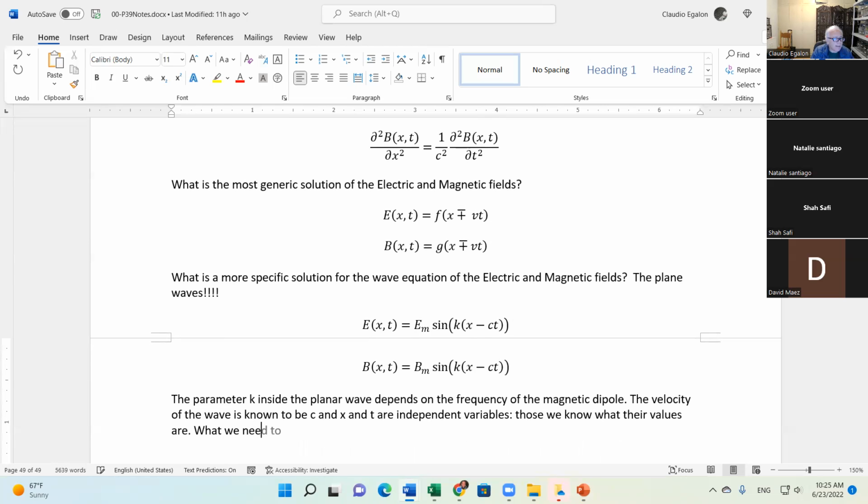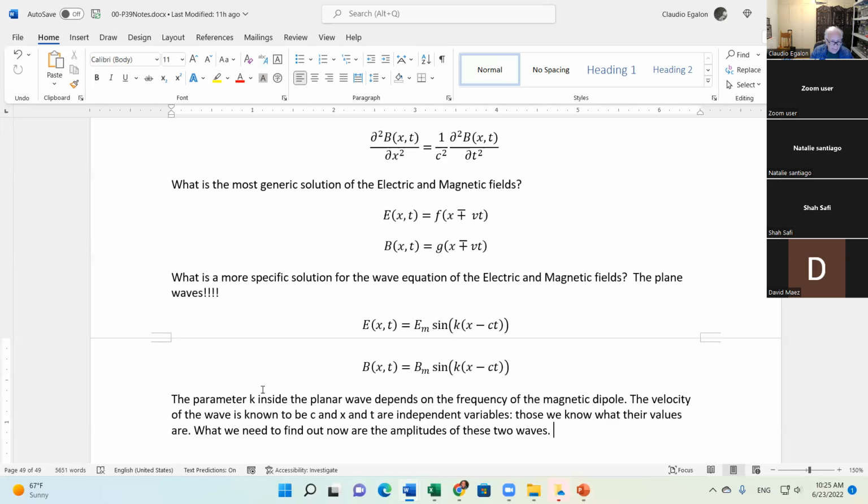What we need to find out now are the amplitudes of these two waves. E sub m and B sub m.